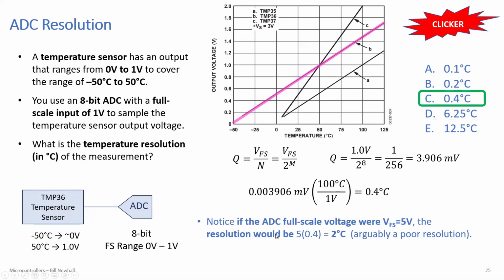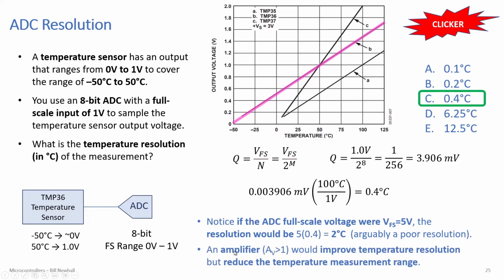And notice if the full scale range were 5 volts, the resolution would be 2 degrees C, which would be a really poor resolution. That's a pretty crummy, in my opinion, temperature sensor resolution. 0.4, I think, is more reasonable.